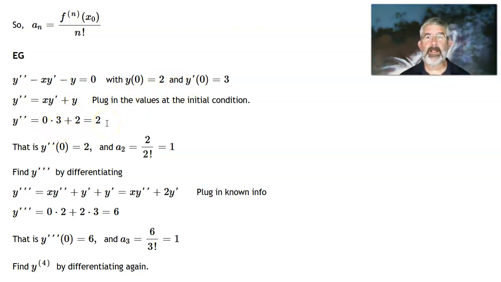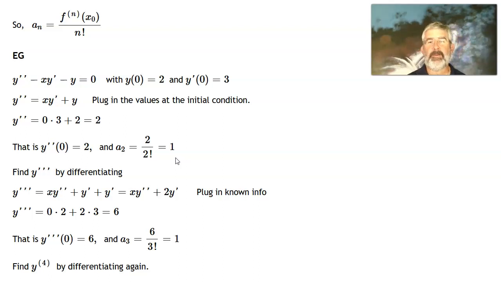So at x equals 0, the second derivative is 2. And since I know the second derivative is 2, I can calculate a2 by plugging it into that formula. 2 divided by 2 factorial is 1. So a2 is 1.